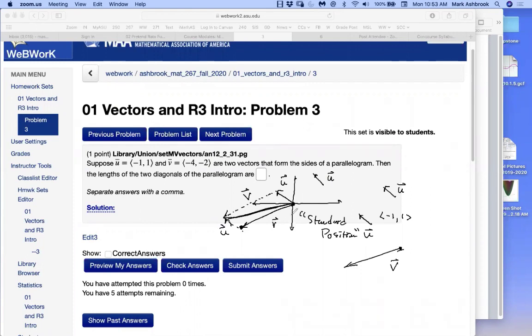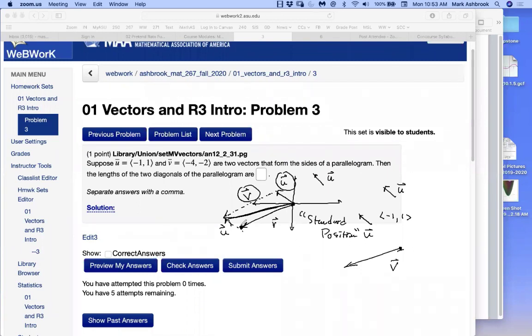Let's just talk about the long diagonal. What's the relationship of the long diagonal with vectors u and v? Do you see that if u is this vector here, and then v is on the tip of u, then you can see something important we learned from last class, that this diagonal as a vector is closely related to vectors u and v.